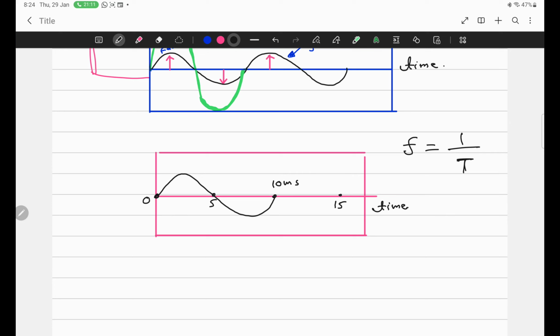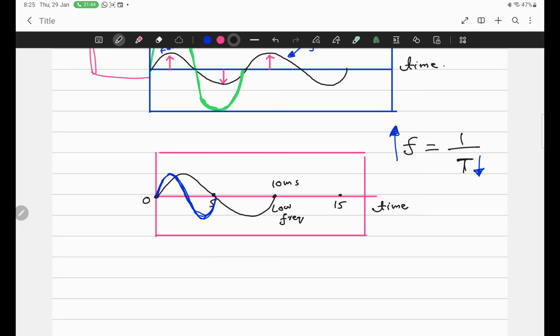So if I ask you to draw the sound of high frequency, if the frequency is high, then the time will be small. And if the time is small, then the wave must be completed within 5 milliseconds. So the black wave has a long time and low frequency.